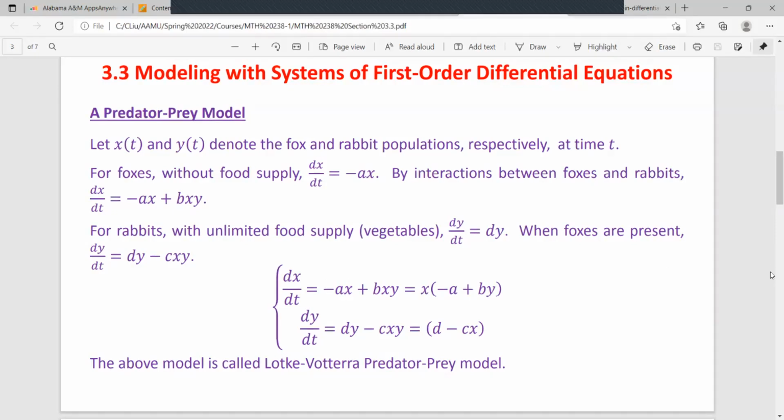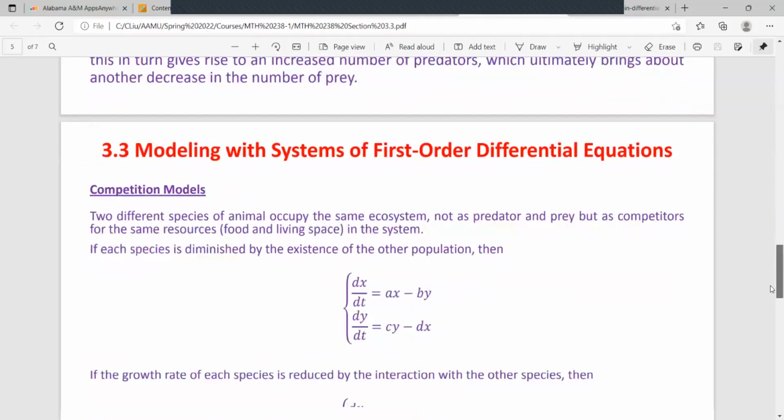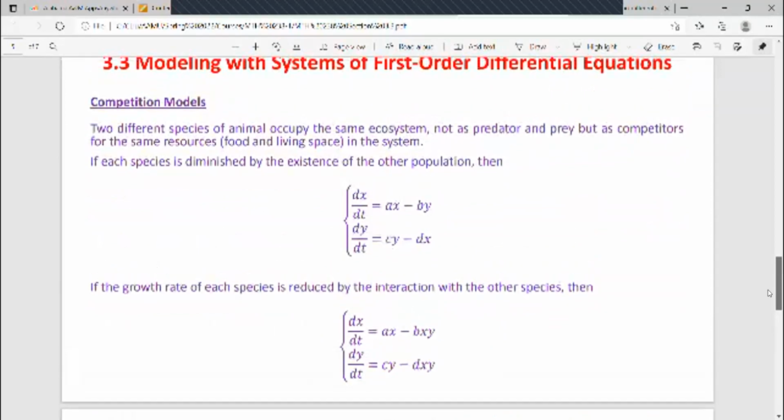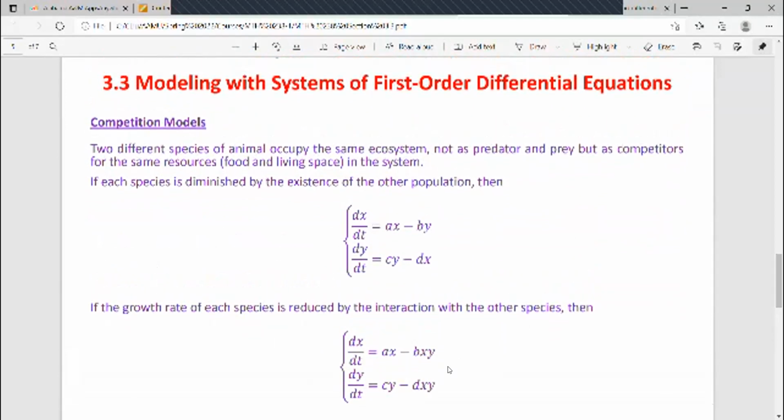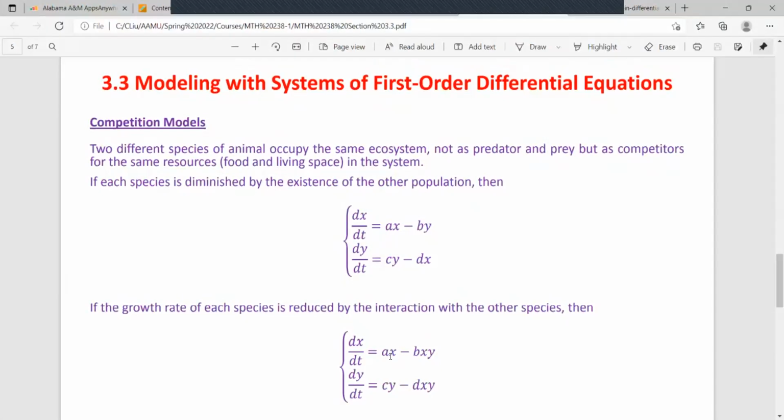Okay. So that's the predator-prey model, but now we're talking about a different model, where they do have natural resources in the ecosystem for species X to consume, but at the same time there's interaction between those two species.